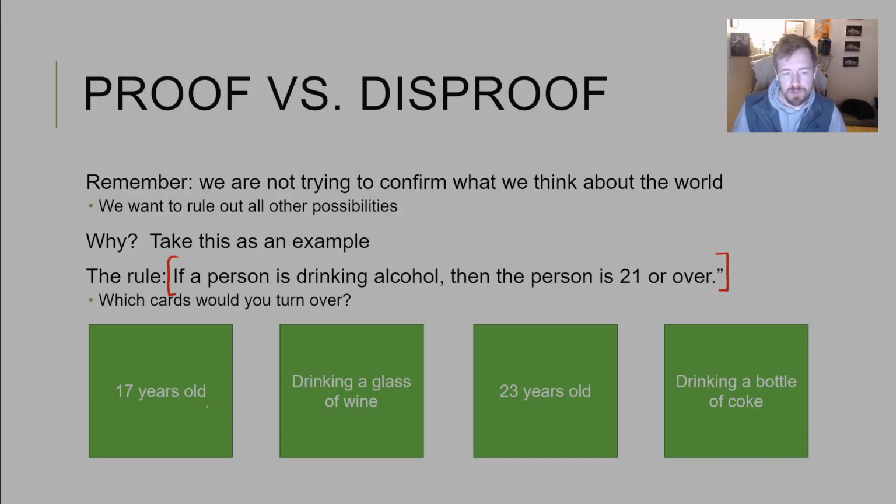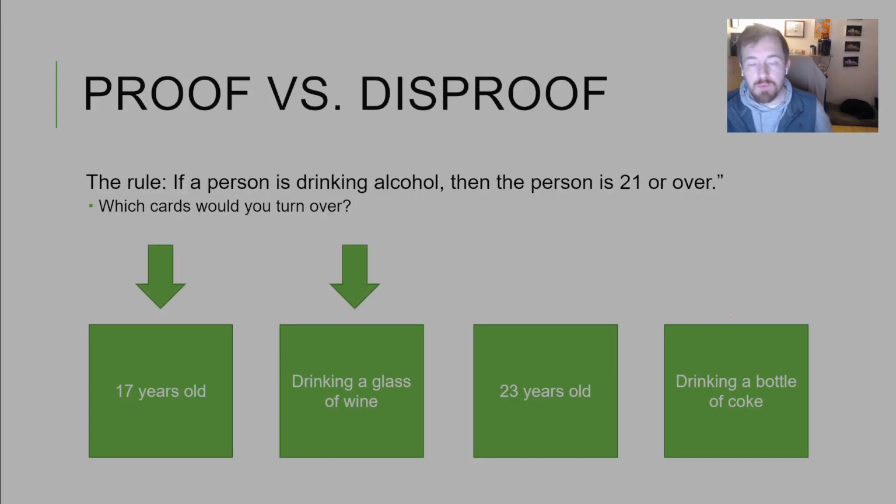If we flip this over and someone is drinking alcohol, does that affect this statement? Does it? Looks like it might. We would want. Sorry, I didn't realize. Never mind. I thought it got rid of that statement.